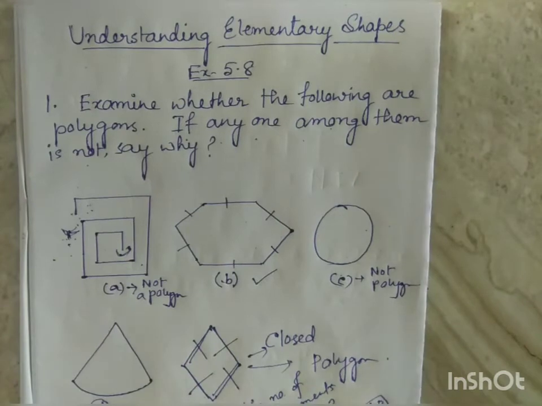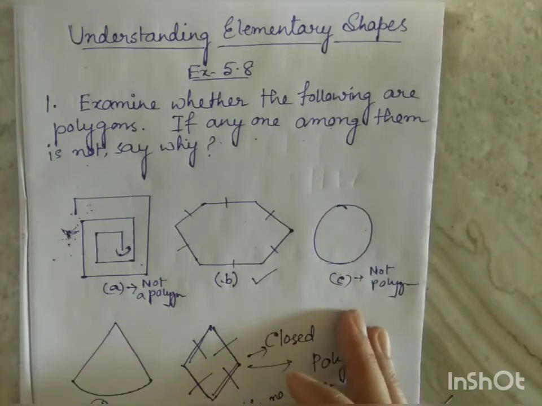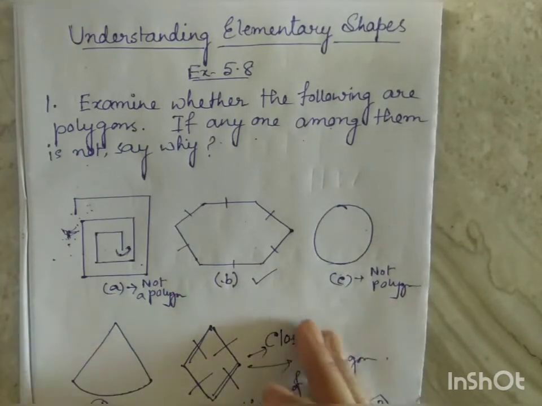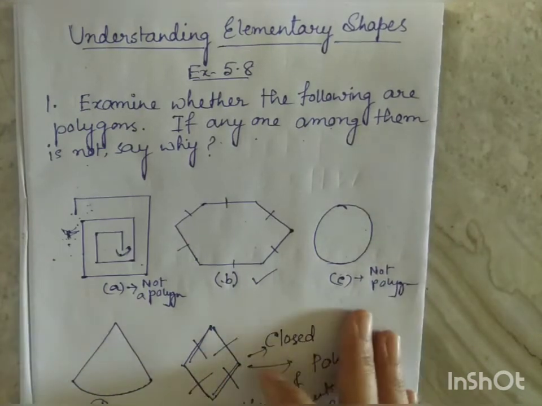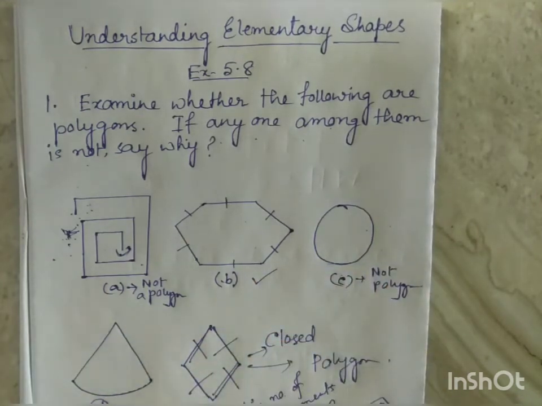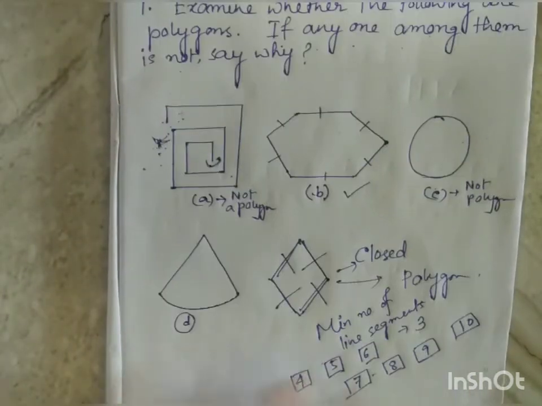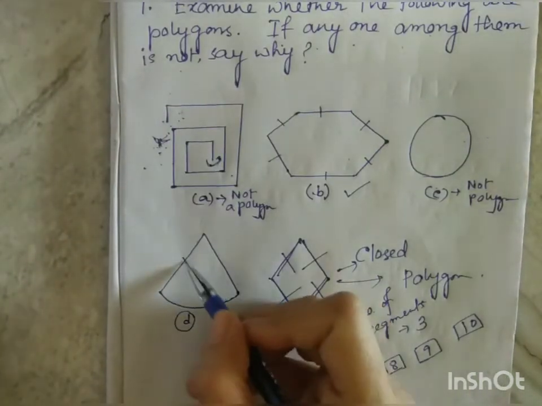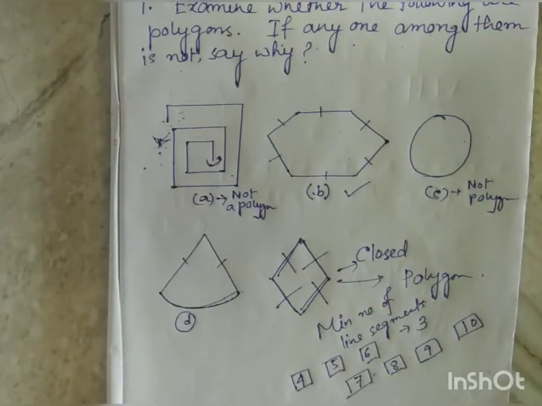For being a polygon we must have line segments. Here we are getting lines, but it is a curved line. For making a circle we need a curved line or an arc, so we can't call a circle a polygon. Now for this one, here also we are getting 2 line segments but 1 curved line.